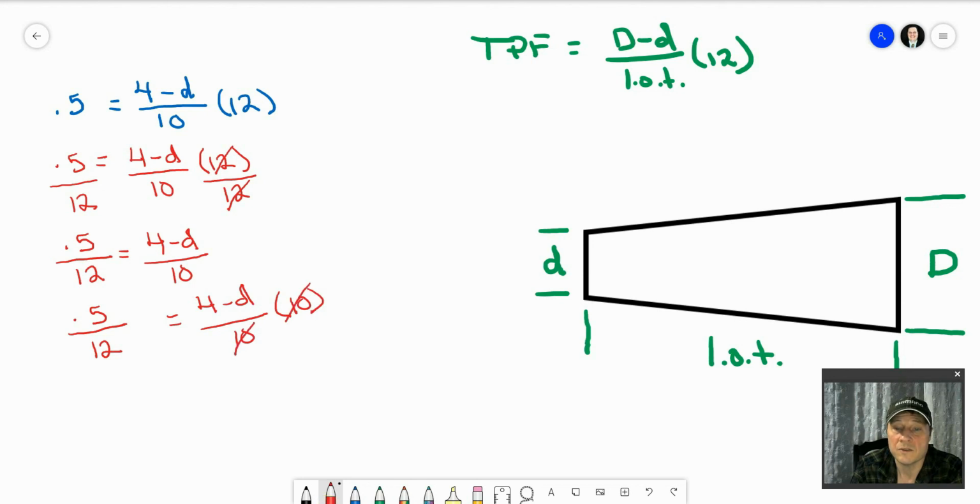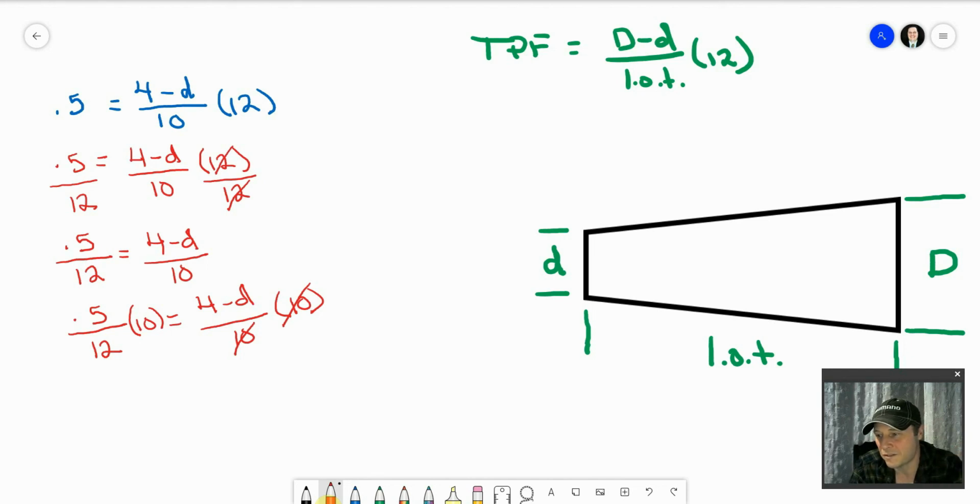So these two cancel each other out, but that means I have to multiply this side by 10 to make it true, right? So remember when you cancel each other out, I showed you that example a couple of weeks ago, right? If I divide one number by another and then I multiply it by the same number again, what did I do it for in the first place?